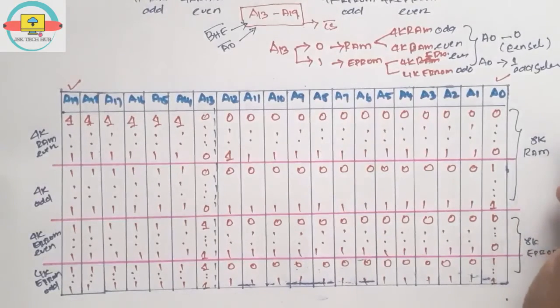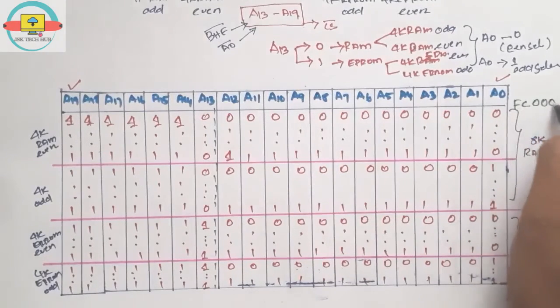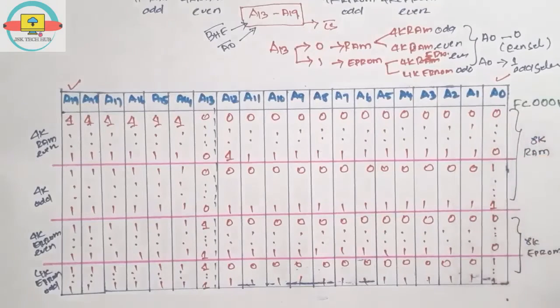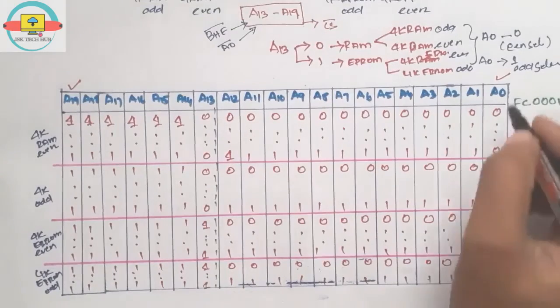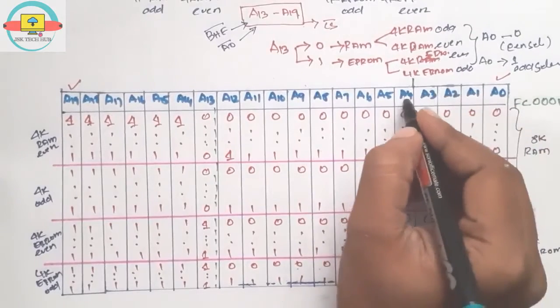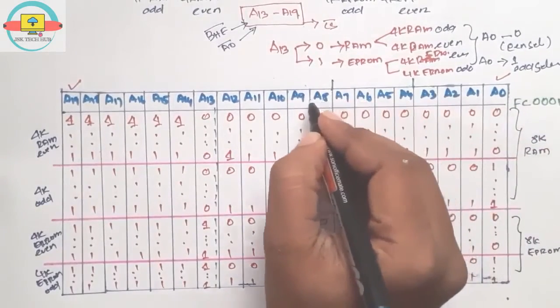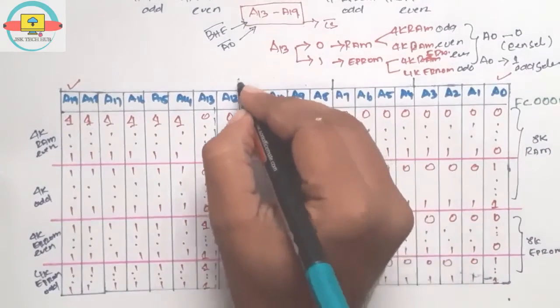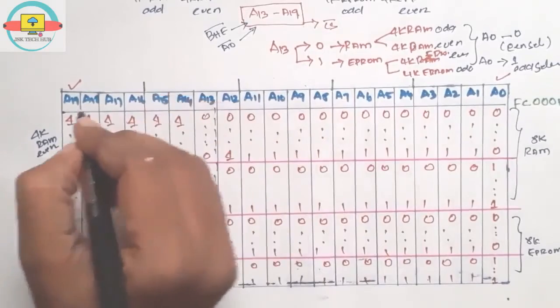My starting address of the 8 kilobyte RAM starts from FC000H. You can easily find this value by separating the A0 to A19 bits into 4 bits each. For example, A0 to A3 are 4 bits, then A4 to A7, A8 to A11, then A12 to A15, then the last 4 bits.